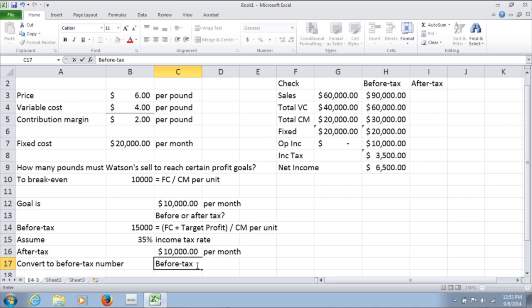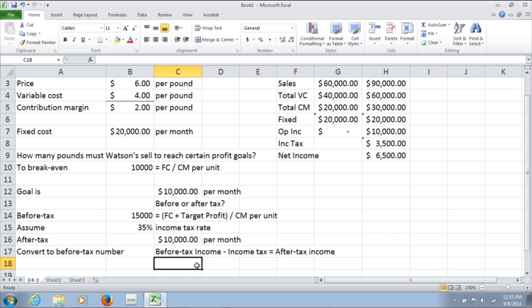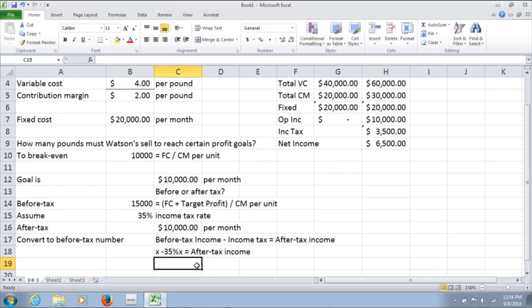So if we use words here, we have before tax income minus income tax equals after tax income. A way to convert this is to say, okay, we have this X for before tax income minus 35% of X equals the after tax income number.